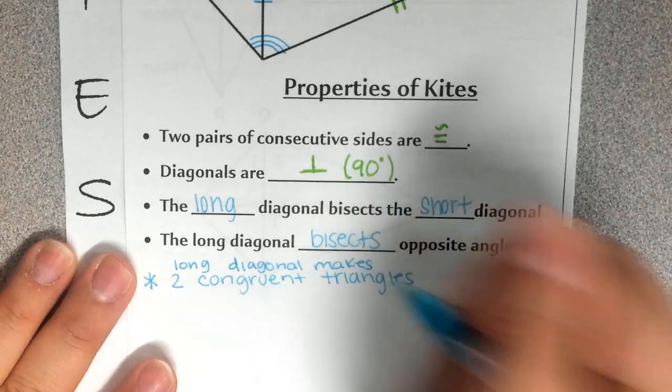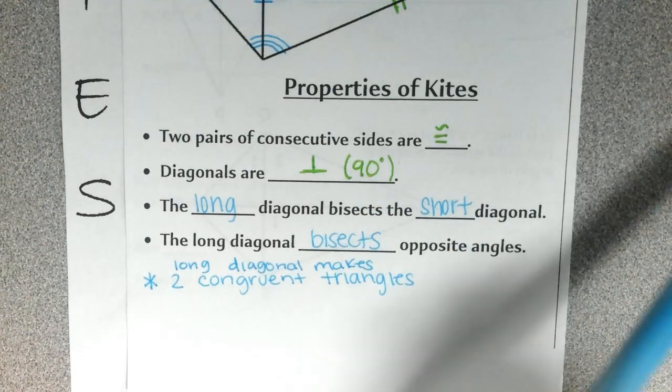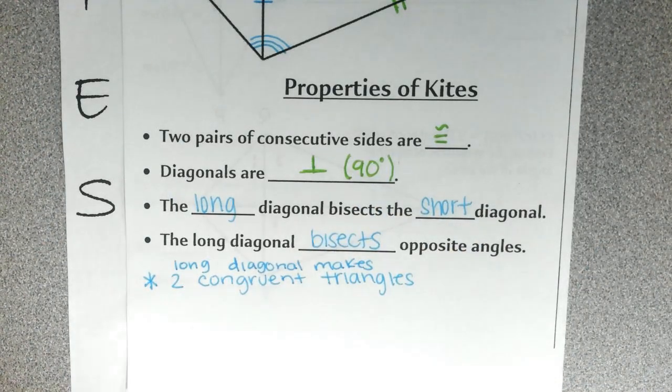The long diagonal makes 2 congruent triangles. Y'all agree if you were to cut it at the long diagonal, you have 2 congruent triangles. That is what a kite is. So we're going to do some practice problems together, and then I have a worksheet for y'all to go off on your own. Okay? So open up your notes, please.